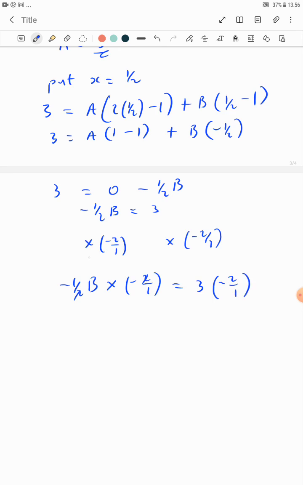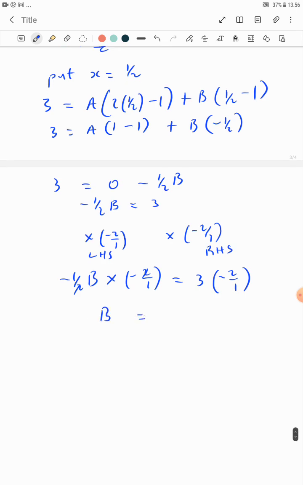So this is like saying the left hand side, the right hand side. Then we have b here equals minus 6, minus 6 over 1, and that will be minus 6.